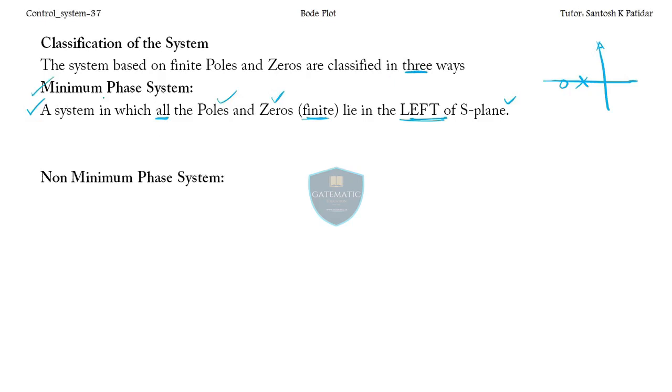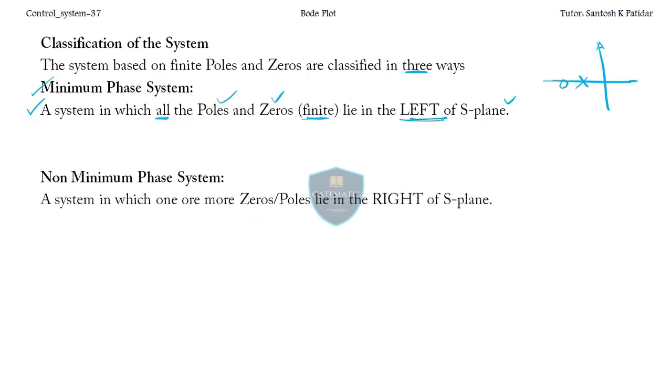Now, the non-minimum phase system is a system in which one or more zeros or poles lie in the right of the S-plane. Suppose over here you have a zero or pole. For the entire system, you may have some poles in the LHS also, no problem at all. But there is a must condition: you should have at least one pole or zero in the RHS.